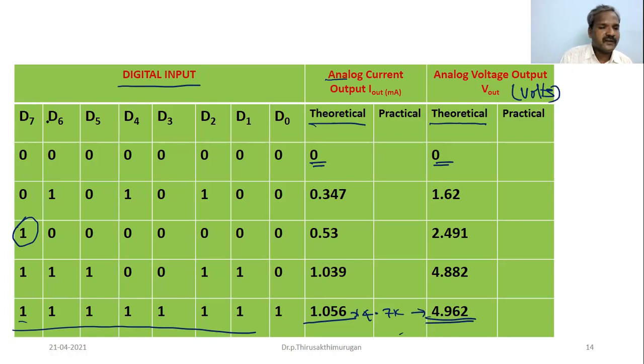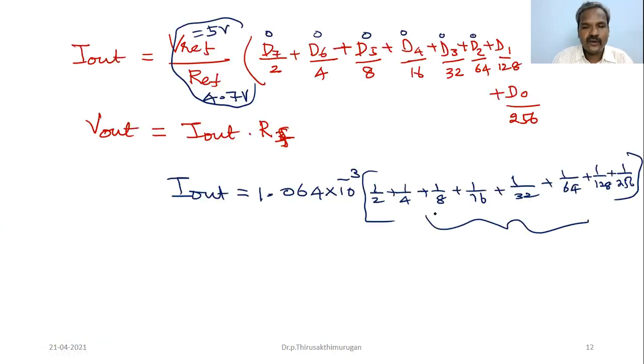Similarly, the mid value. This is the 0 value. This is the span value. This is the mid value. So MSB must be set high. It should be half of the full scale value. This is the full scale value. I get the mid scale value when keeping this alone 1, and the remaining 0.